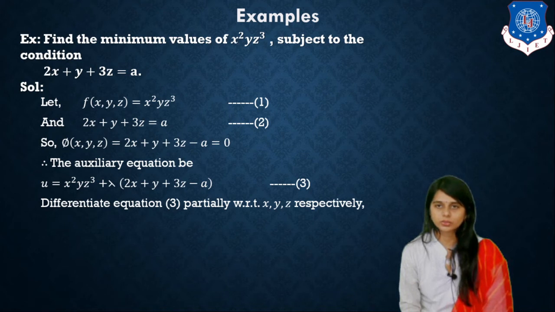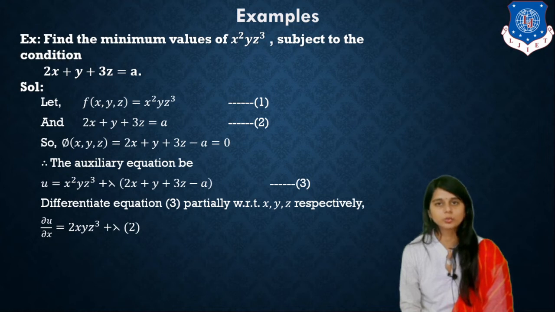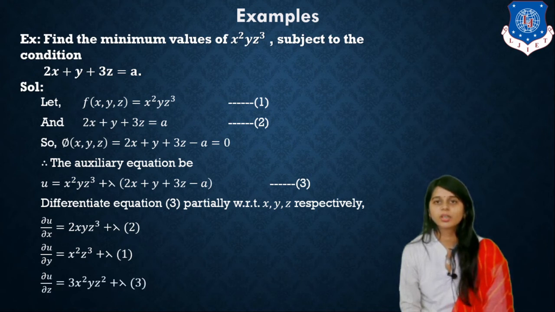Differentiate equation 3 partially with respect to x, y, z respectively. So del u by del x is 2xyz cube plus 2 lambda. Del u by del y is x square z cube plus lambda. And del u by del z is 3x square y z square plus 3 lambda.